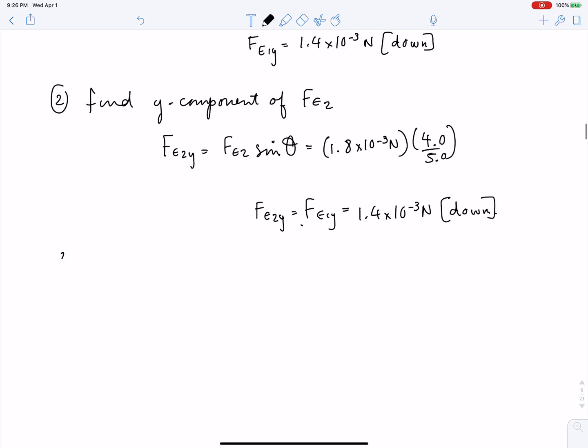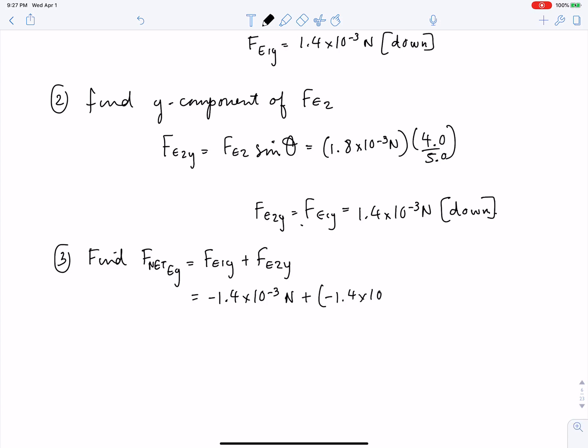So we can find the net electric force in the y direction. It's equal to Fe1y plus Fe2y, which is negative 1.4 times 10 to the power of negative 3 newtons plus negative 1.4 times 10 to the power of negative 3 newtons.